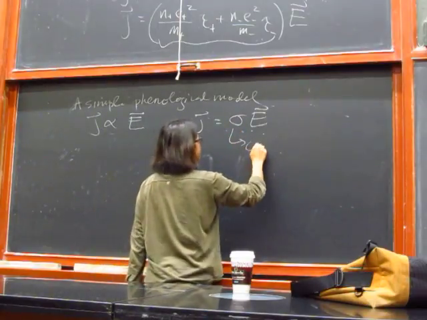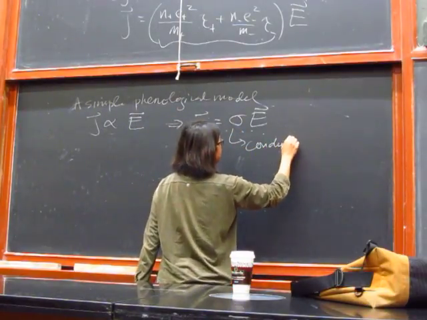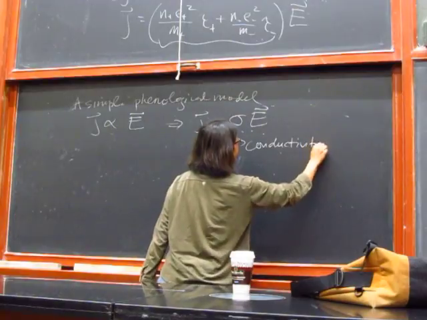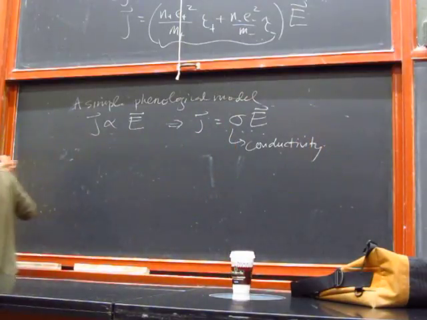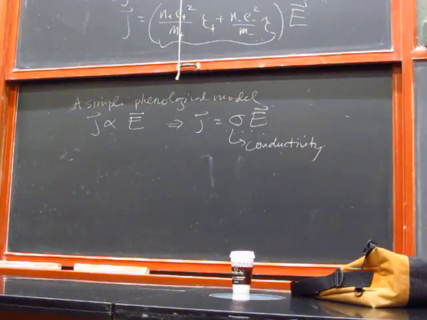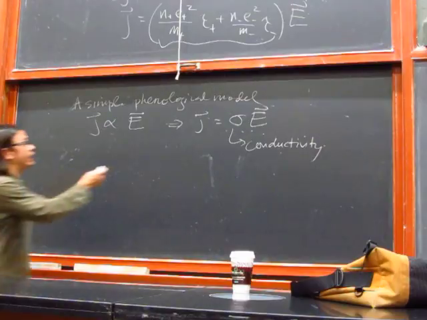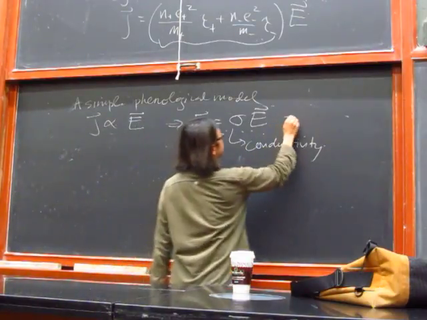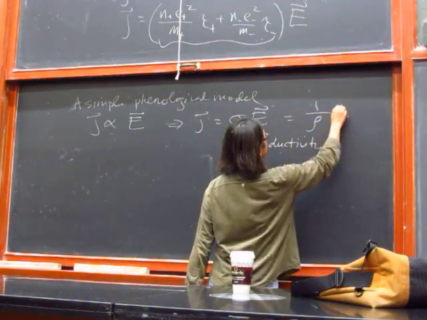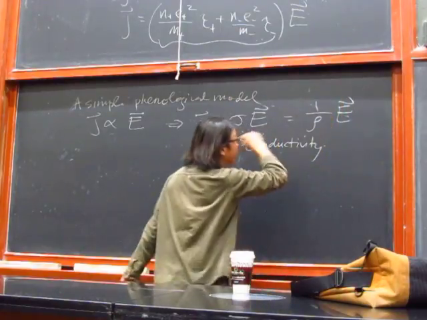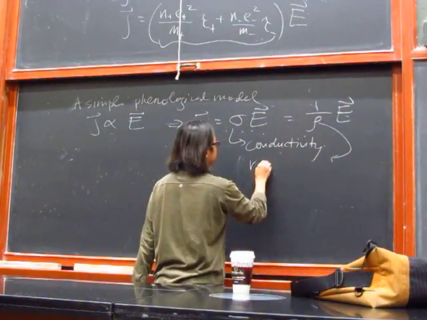This is called conductivity. I'm not going to define the unit for now. I'll refer to it later in the lecture. You can also write it differently. Sometimes it's written as 1 over rho, that's sigma, right? And rho is called resistivity.